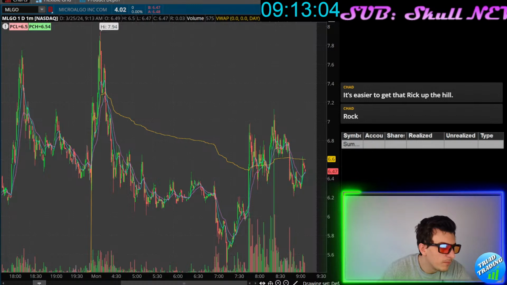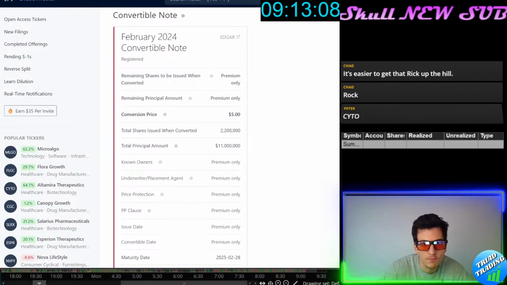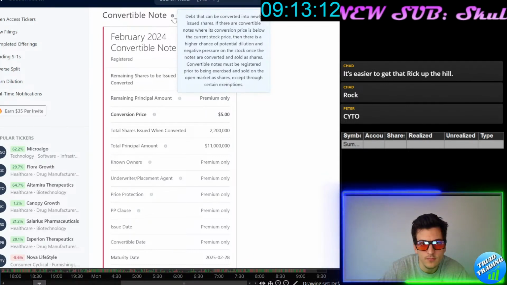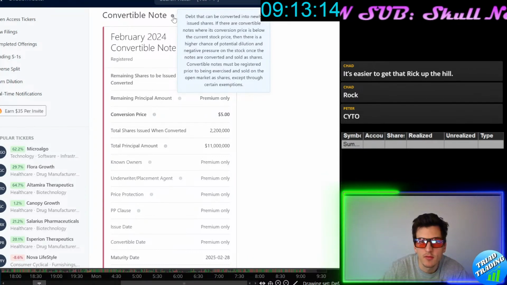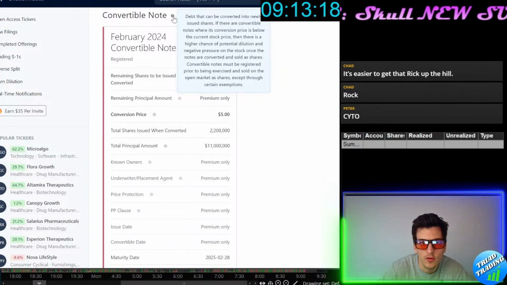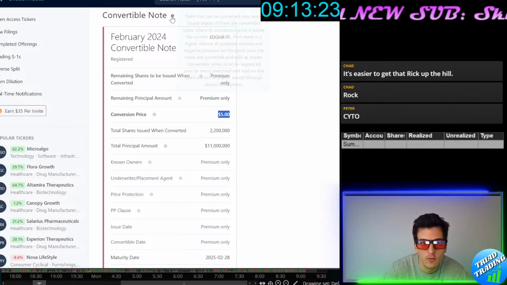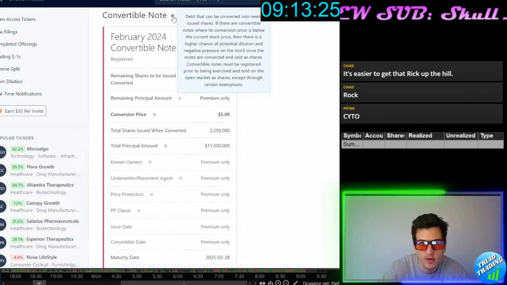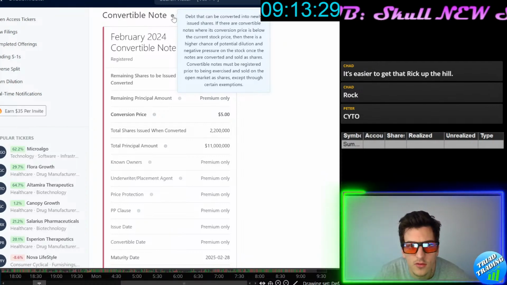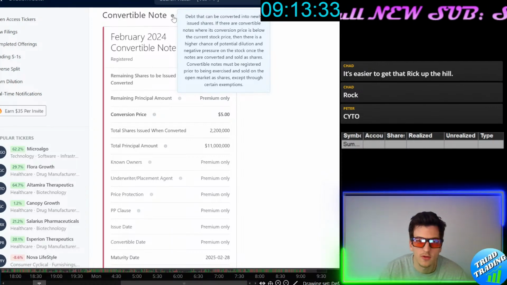So there's convertible notes for February 2024 on MLGO. I'm just kind of reading here. Convertible notes is debt that can be converted into newly issued shares. If there are convertible notes where its conversion price, which is $5, is below the current stock price, then there is a higher chance of potential dilution and a higher chance of negative pressure on the stock price once the notes are converted and sold as shares.